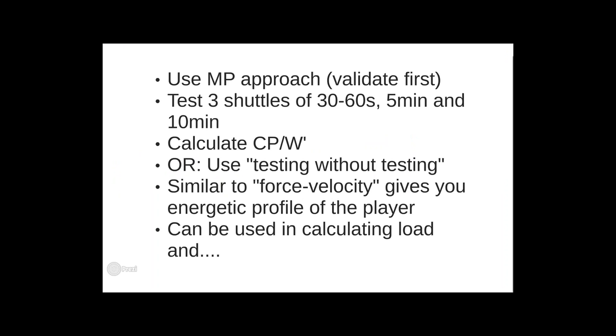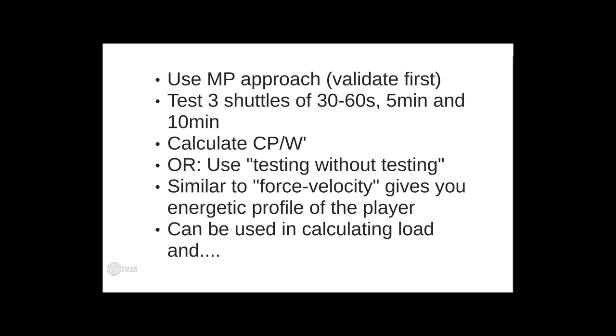It's very useful in endurance sports. In endurance, they might use critical velocity or critical power. It's used in rowing, cycling, and running. And we also have W prime, which is an anaerobic reserve.